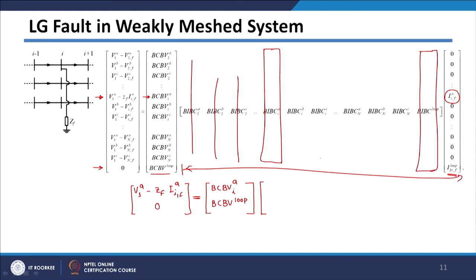So, all other entries are 0, so we can just take those entries here. So this is the BIBC column corresponding to A phase ith bus, and the BIBC part corresponding to loop forming branches, which will get multiplied with your fault current in A phase, because this is the only non-zero entry here, and the fault current in loop forming branches.